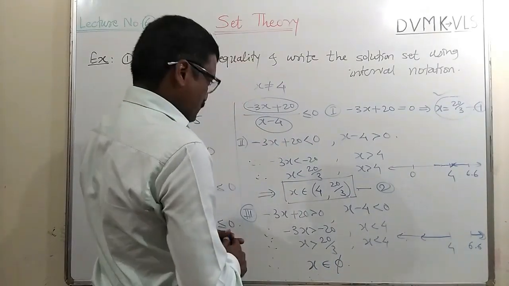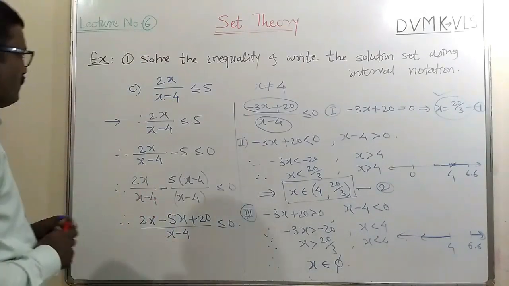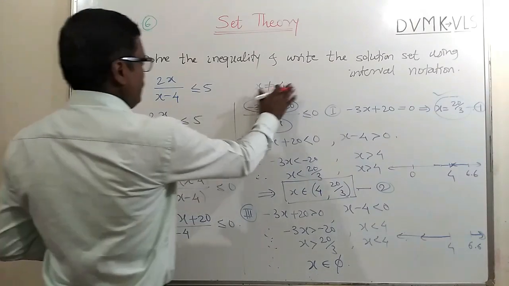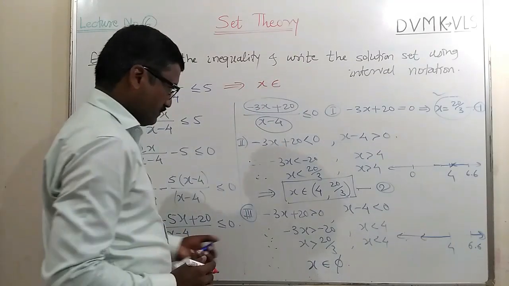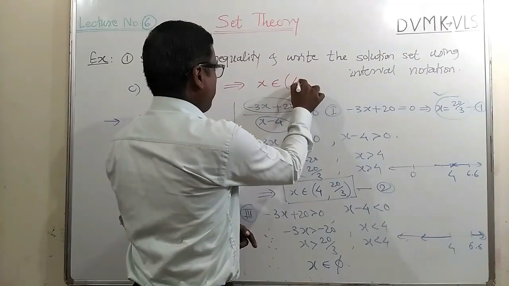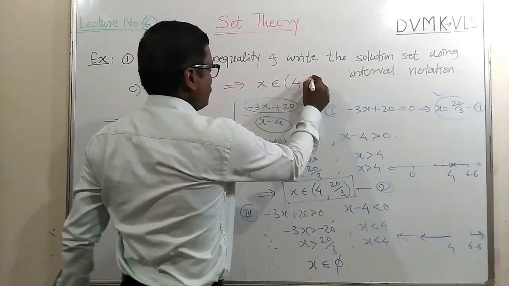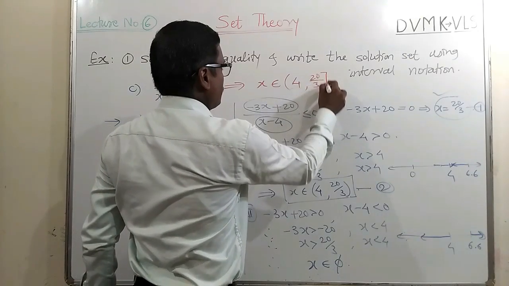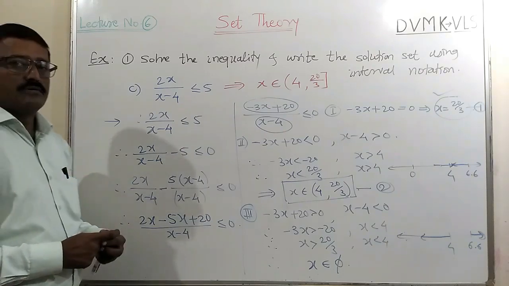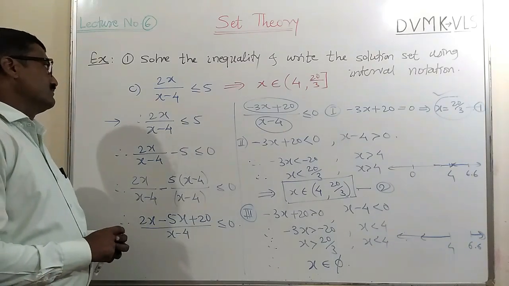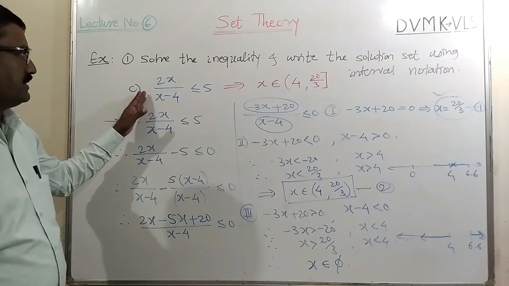So from the first and second parts, we can say that x is not equal to 4, and the solution says that x belongs to open 4 to close 20 by 3, because 4 is open and x equal to 20 by 3 is given. So this is open 4 to close 20 by 3. Okay, that is the solution of inequality number C, that is third.